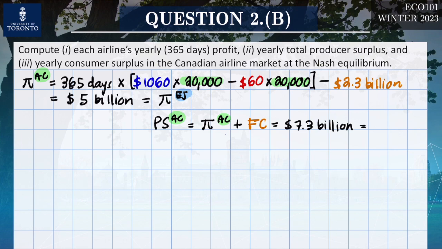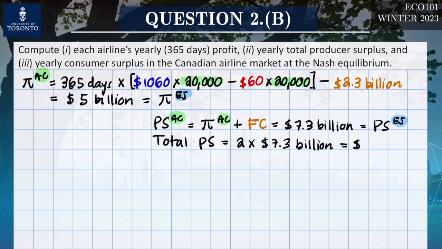And this is also, of course, the producer surplus for the other company, for EasyJet, as this is a symmetrical problem. So we get that total surplus is 2 times $7.3 billion, the producer surplus that one company gets. So for the entire market, producer surplus is $14.6 billion for a year.